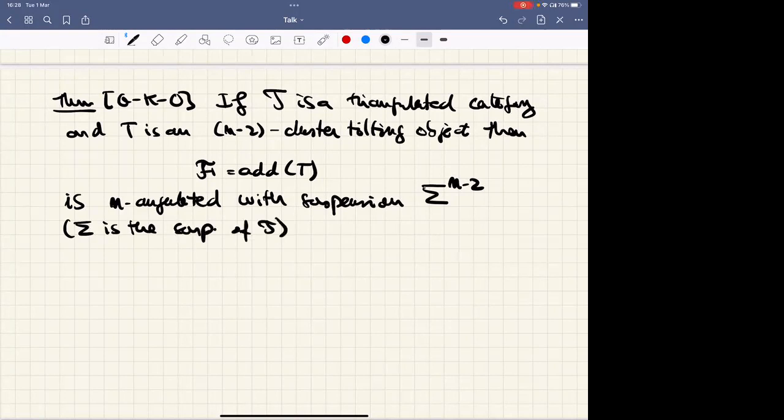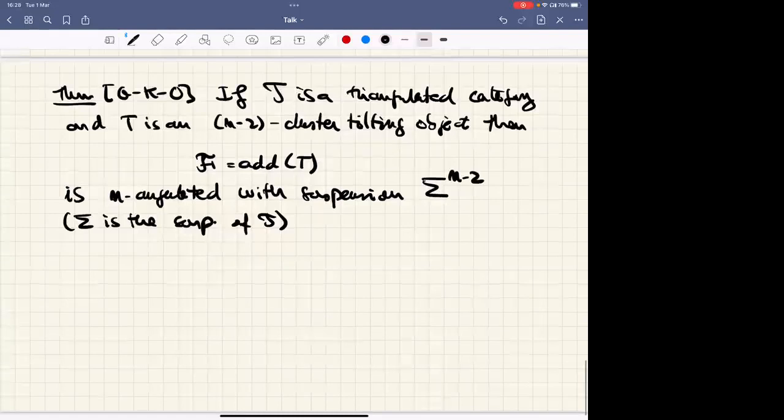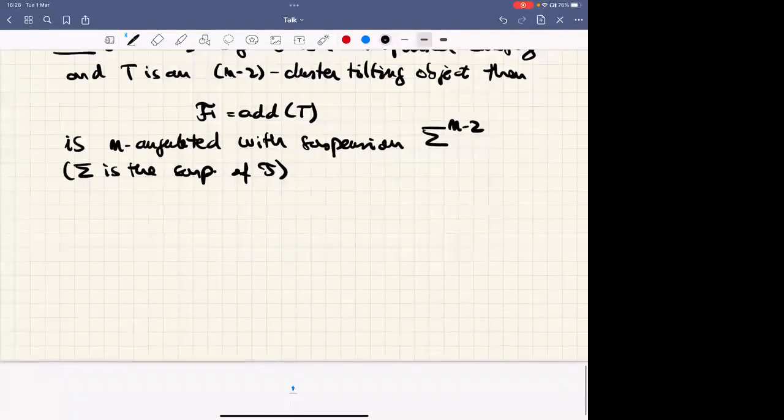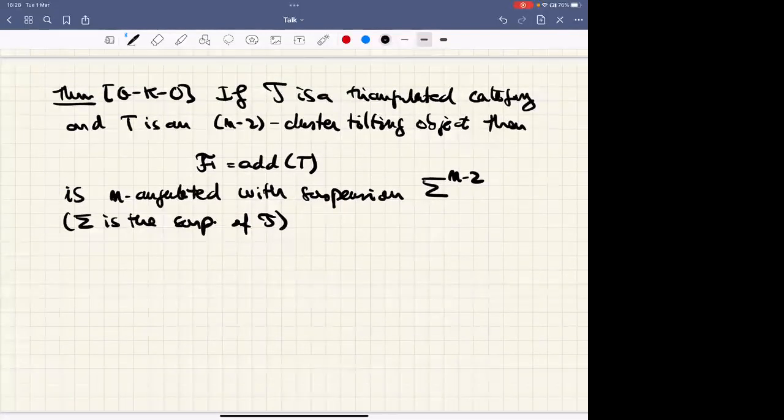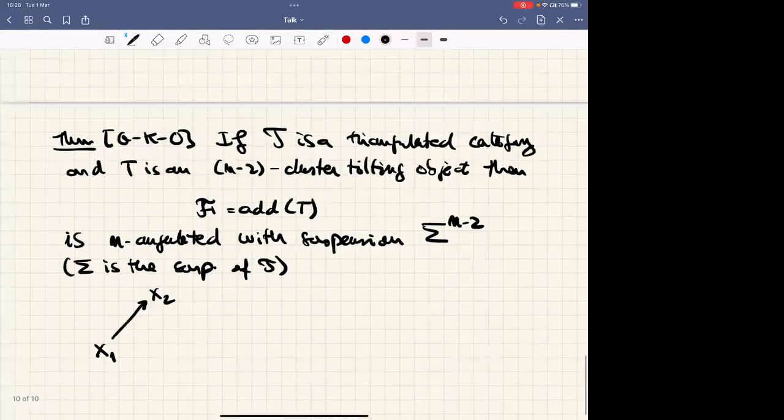Okay, so the usual way of getting n-angulated categories is as full subcategories of triangulated categories with cluster tilting objects, right? And where do we get n-angles from? The thing is that we get n-angles from exact triangles too. So the typical thing that you can imagine is one of the axioms of n-angulated categories is that whenever you have a map in F, we should be able to complete it to an n-angle in this way, okay?